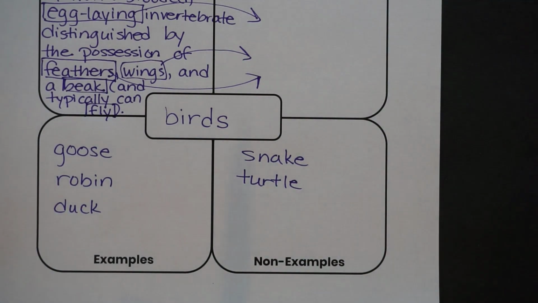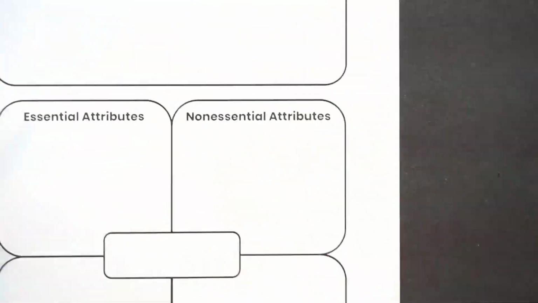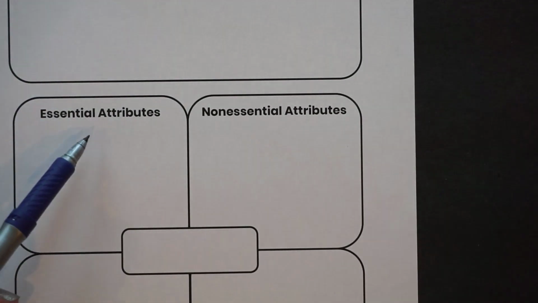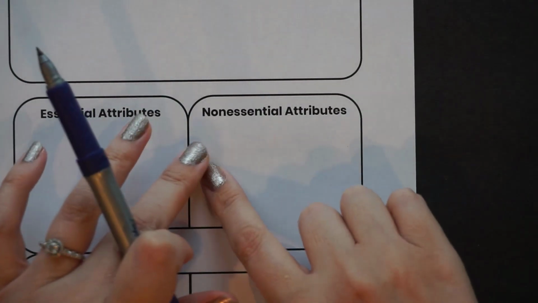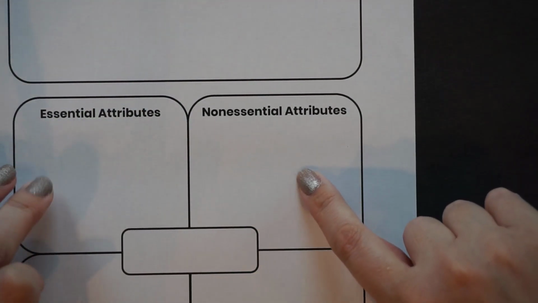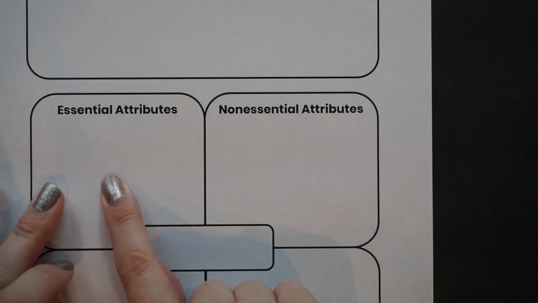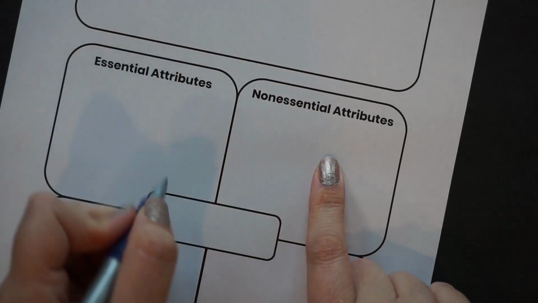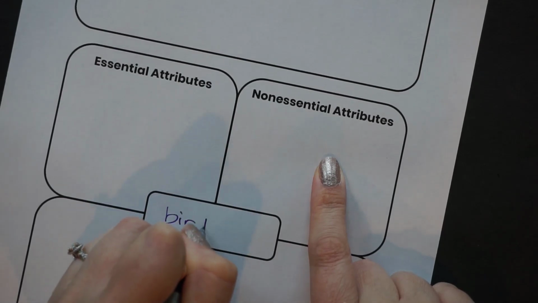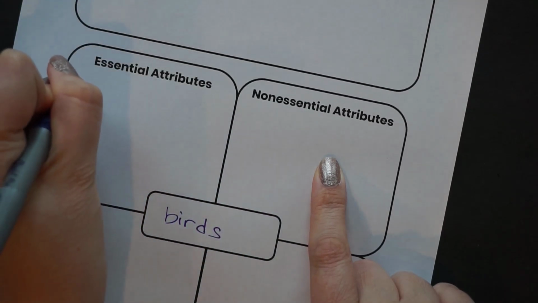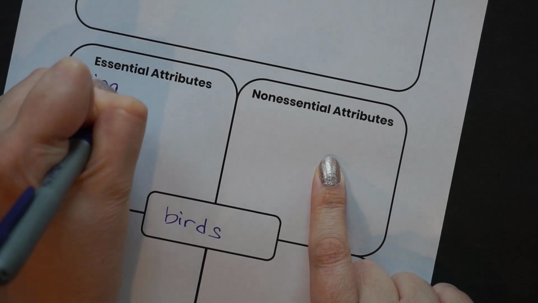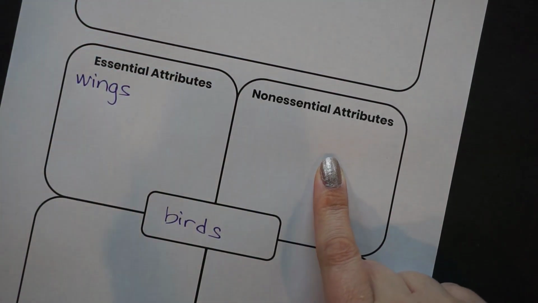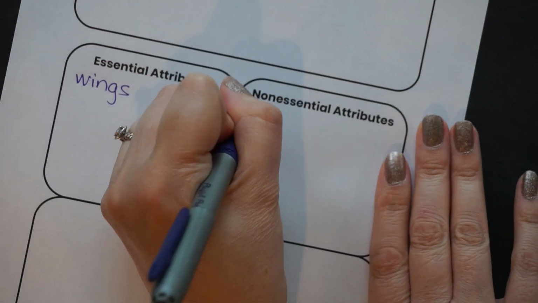Now let's jump to the other example here. And in this case, you lose your definition and characteristics, and they break characteristics down into two boxes. So what is essential and what is non-essential? So again, if we're thinking about birds, essential, they have to have wings, but they don't have to fly.